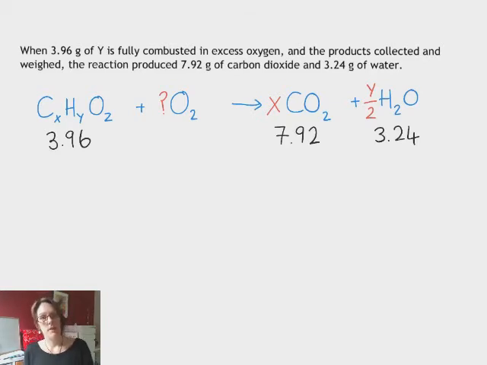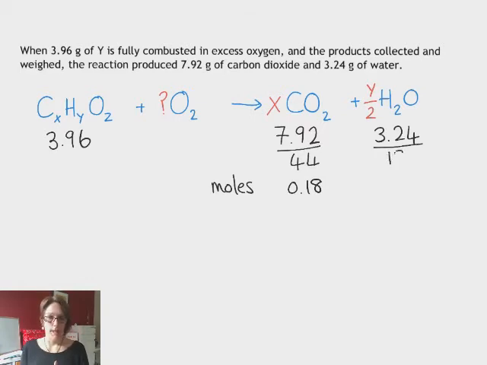So I'm going to look at the CO2 and the water and work out the moles of each of those compounds. The MR of CO2 is 44. 7.92 over 44 gives me 0.18 moles of carbon dioxide.